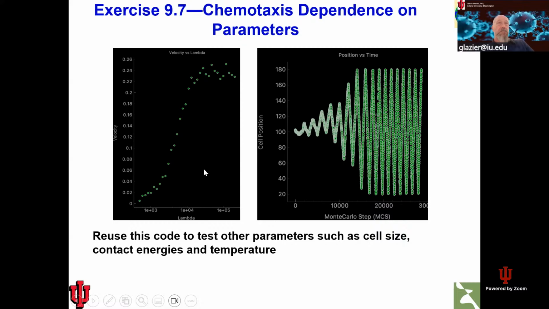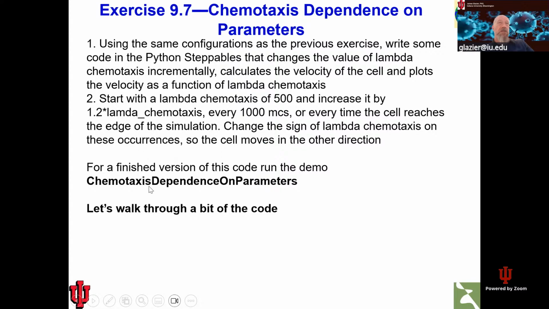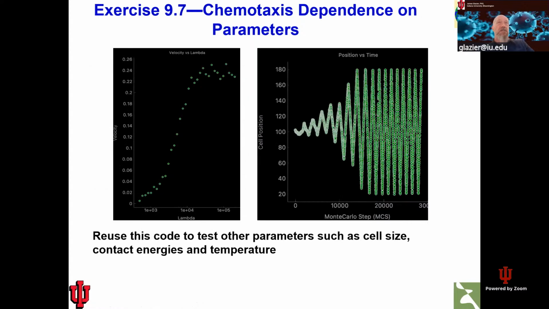And the code that I wrote, called chemotaxis dependence on parameters, is easy to change so that instead of changing lambda chemo, it changes, say, the volume of the cell or the lambda volume or something else. So you can then map how the movement of the cell changes. If I make the cell bigger, does it move faster or slower?